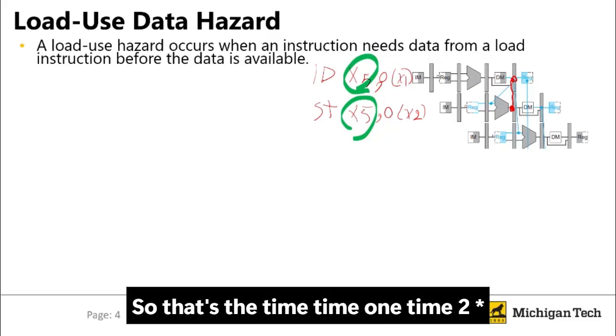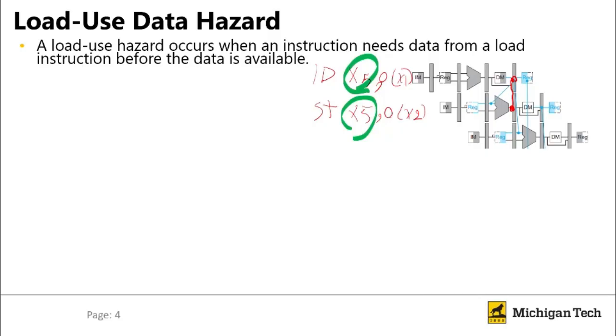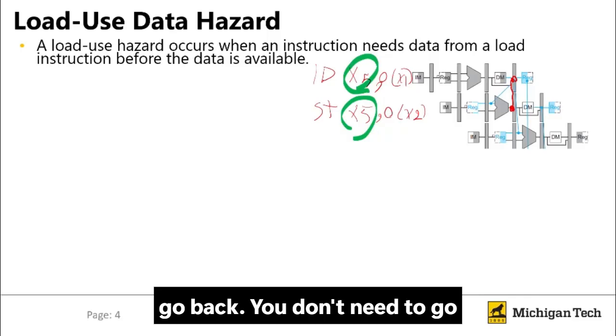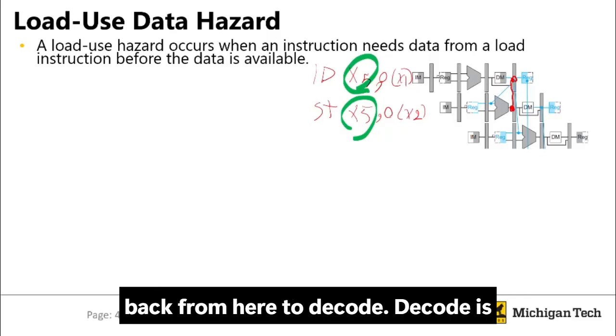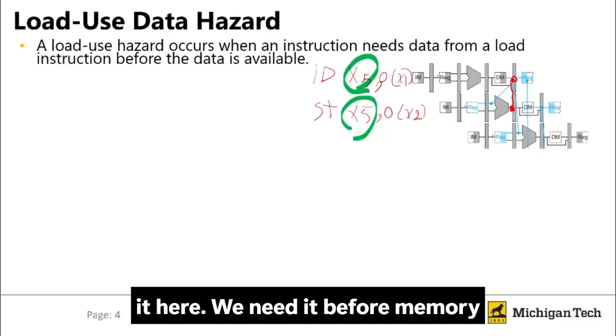So that's the time: time 1, time 2, time 3, time 4. We are getting from here to here. This can use it without any problem. You don't need to go back from here to decode. Decode is here. Why would we go here? We need it here, before memory. You just need one feedback to solve it.